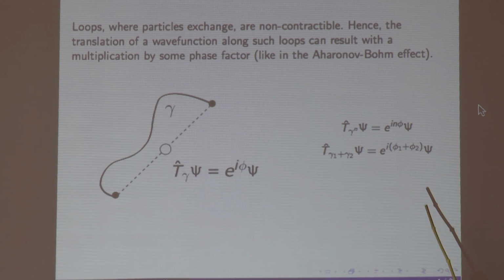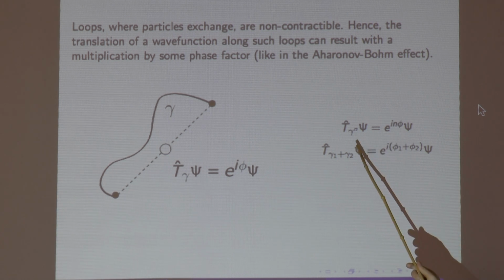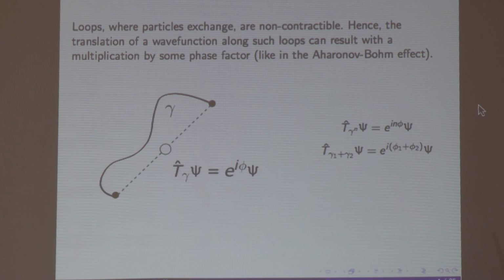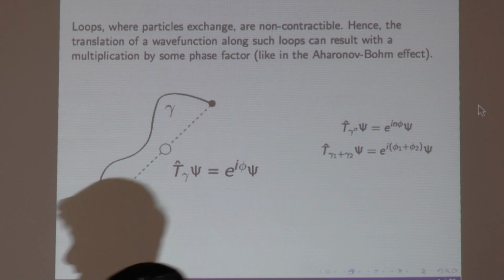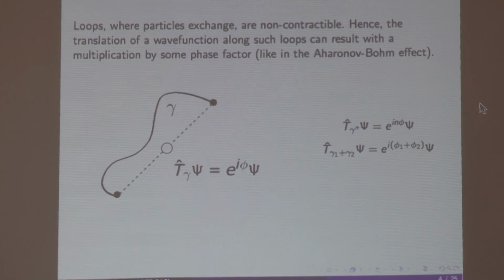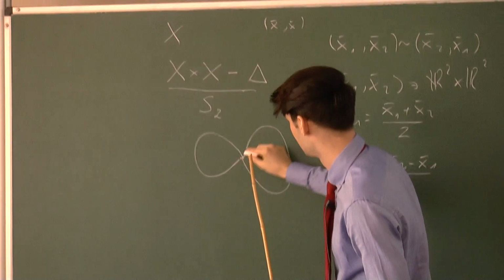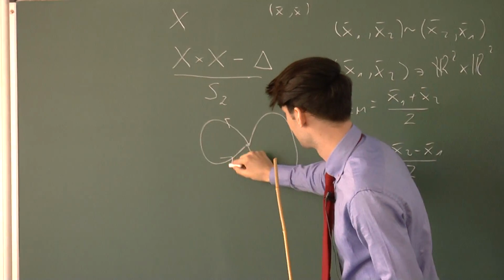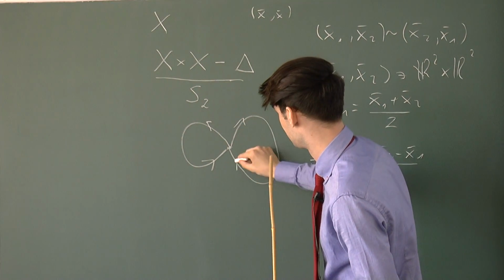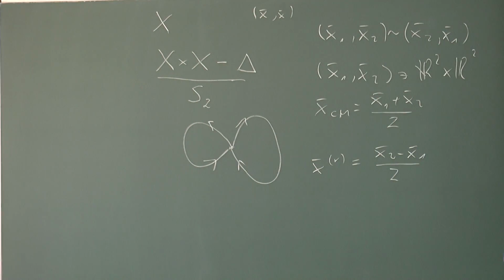Also we want to impose some natural conditions on this phase. When we travel around this loop n times, then we want this phase to be n times the phase when we travel once. And also when we add two loops, the sum would be going around here and then going around here, like a figure 8 or infinity symbol.